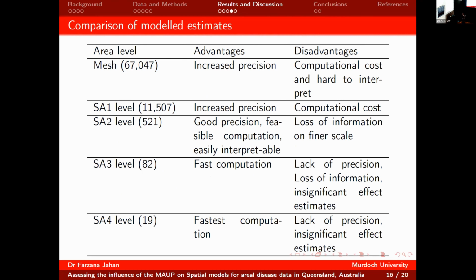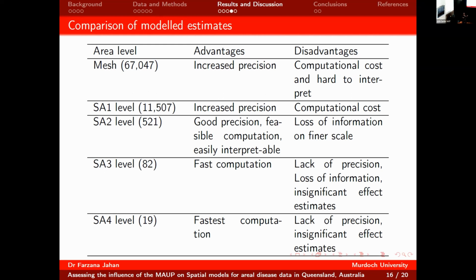As you can see, for mesh block level, because you have so many mesh blocks, the inference is highly precise. SA1 is still precise, SA2 is still precise, but you lose precision and get a wider credible interval at SA3 and SA4 level.